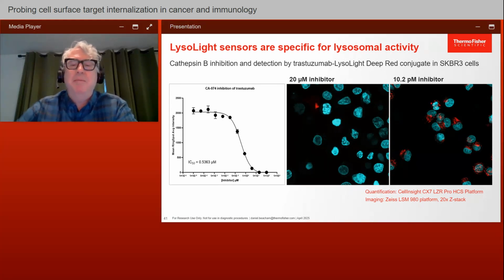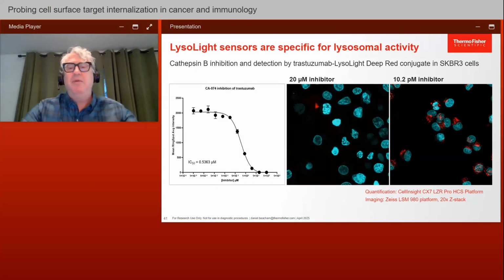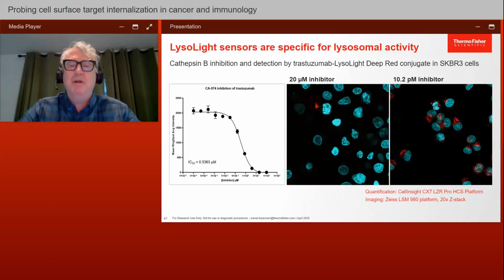We want to be sure that the substrate that we've made for this enzyme, which pulls together a quencher in proximity to a bright fluorescent dye, keeps that dye quenched until it is recognized and cleaved by cathepsin B.